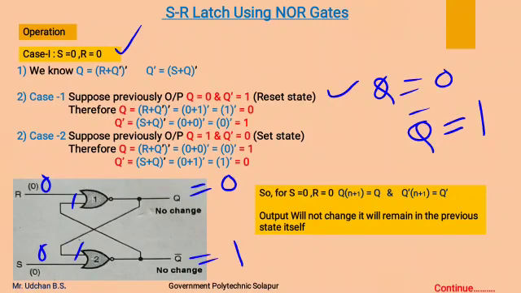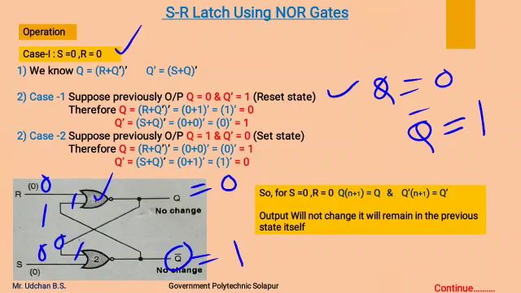So now we can get the other input of both the NOR gates. The other input of NOR gate 1 will be 1, as Q complement is connected to NOR gate 1. The other input of NOR gate 2 is 0, as the Q output of NOR gate 1 is connected as input to NOR gate 2.